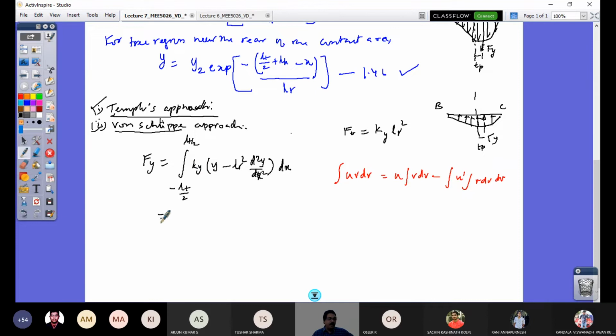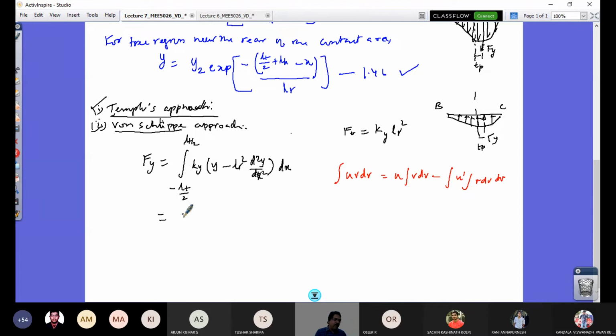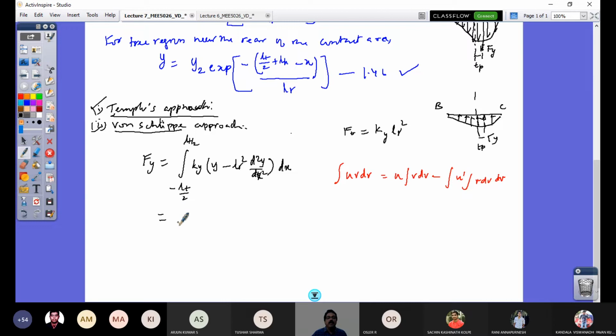If we apply this formula, you would be able to solve this integration. I'll just show you a sample for doing this. Let us have this integration split.